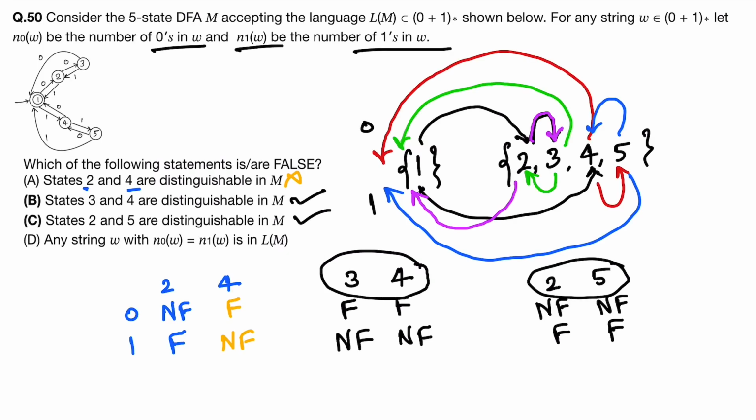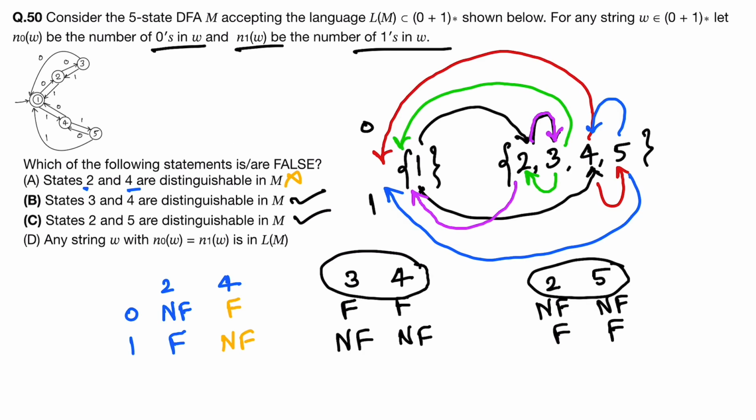Now check for 3 and 4. 3 on 0 goes to 1, and 4 also on 0 goes to 1. See, both behaviors are the same. 3 on 1 goes to 2, and 4 on 1 goes to 5. So 2 and 5 are in the same group.